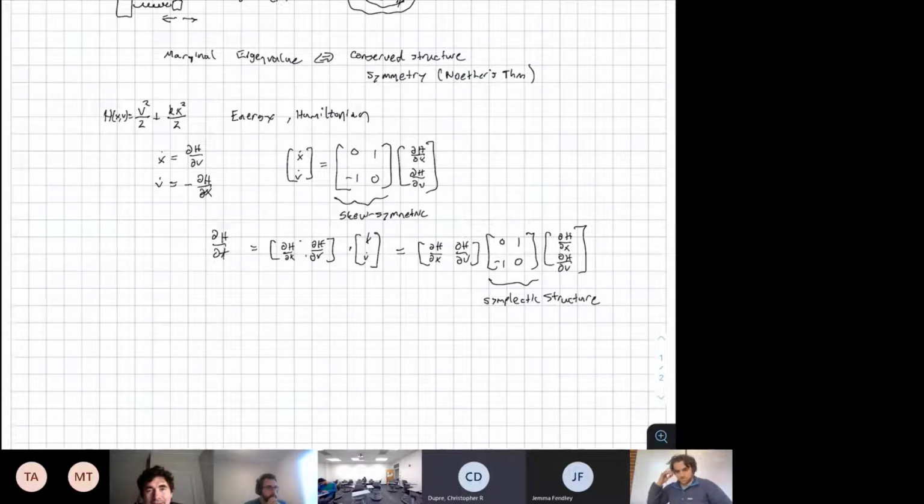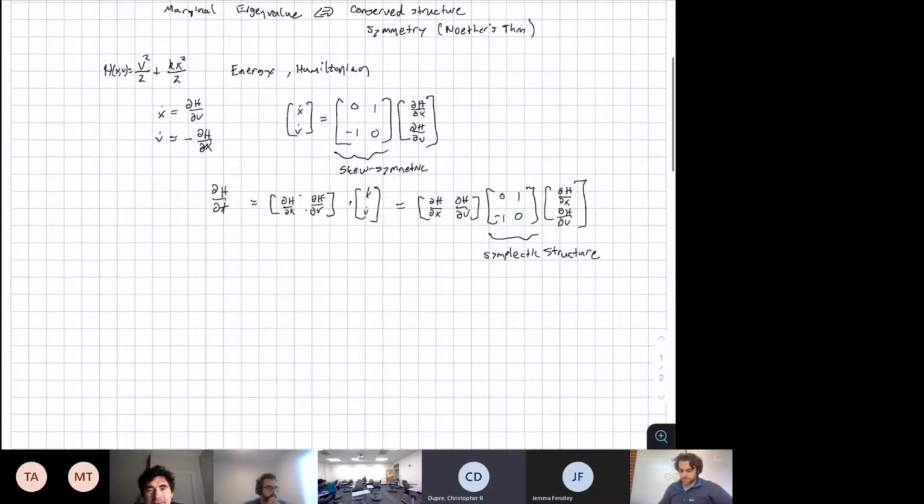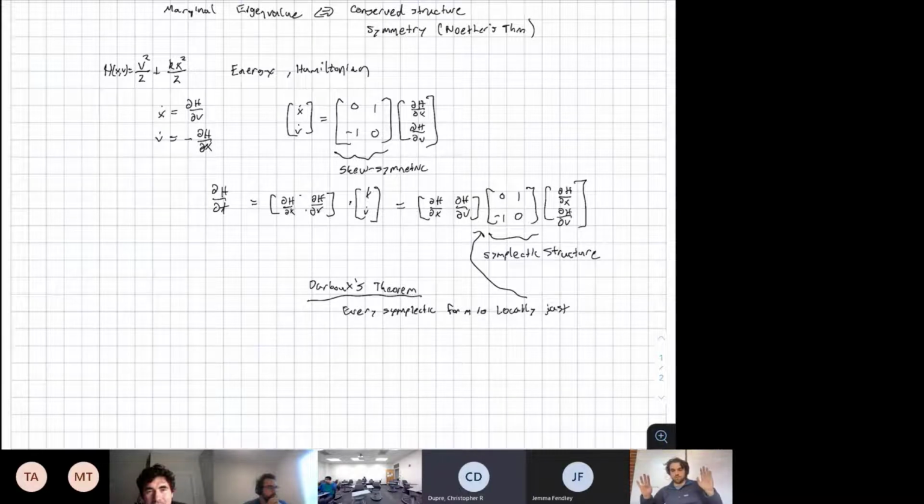If you're more familiar with the abstract notion, that may seem a little bit strange, but in fact, Darboux's theorem tells us that every symplectic form is locally just this. Every symplectic form is locally just this skew symmetric identity.